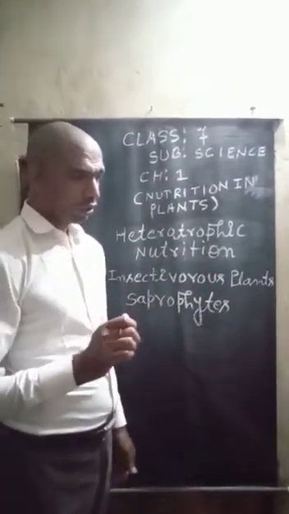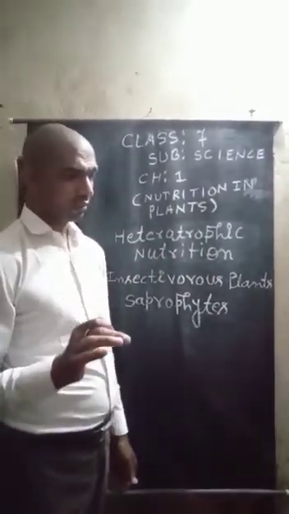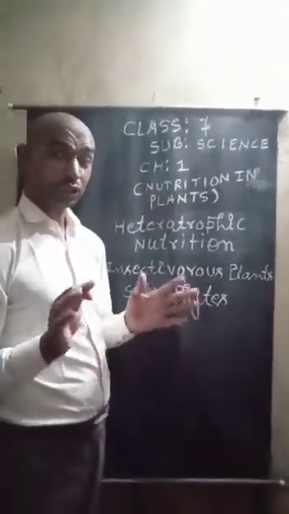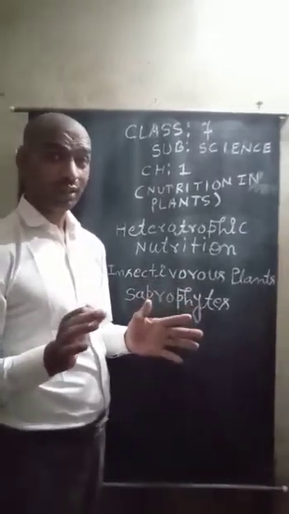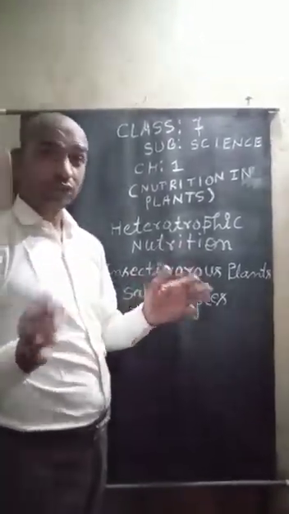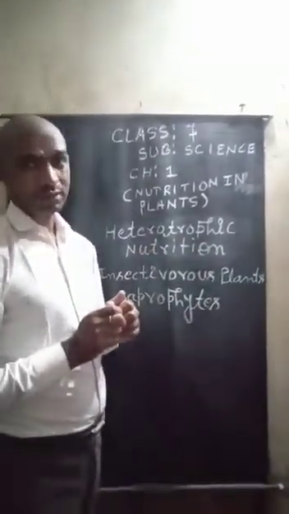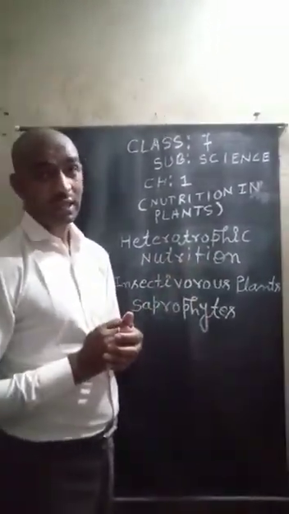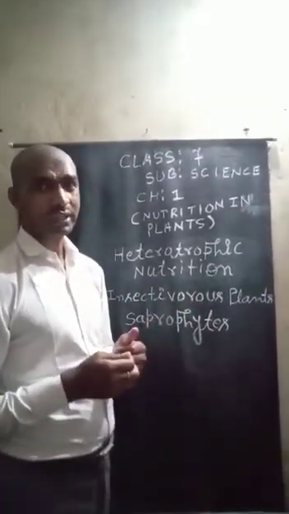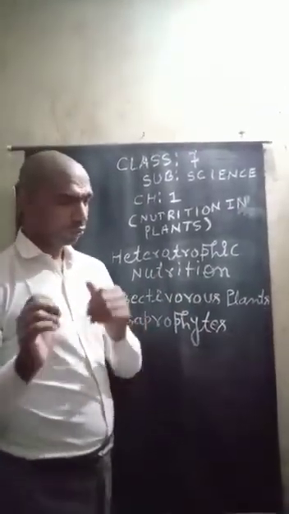So all of them are green and can photosynthesize. That means all insectivorous plants are green and they can make their own food by the process of photosynthesis also. But the confusion is, why do they eat insects? What is the requirement of eating insects?